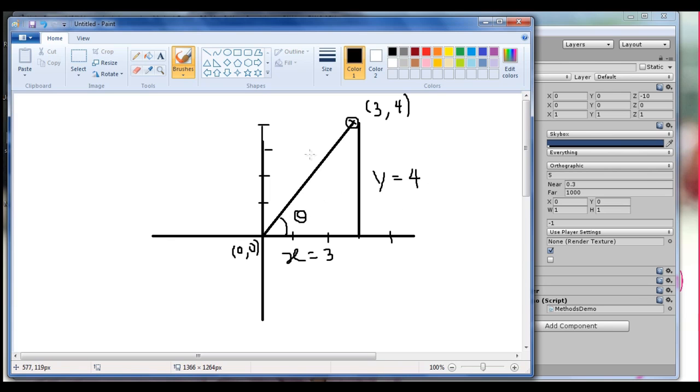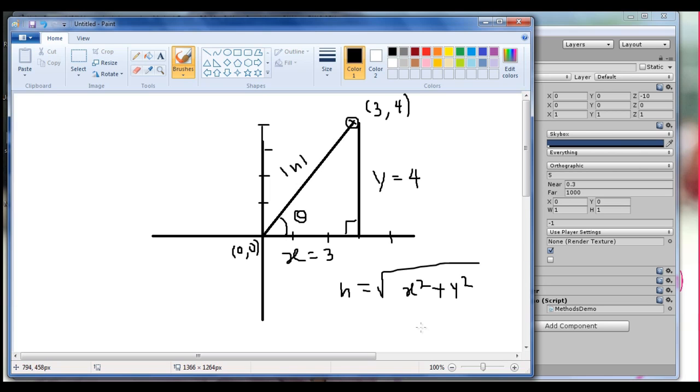This one we usually call h, the hypotenuse, and this length we usually represent as the absolute value of h. If you remember, we have the Pythagoras theorem. If you have a right angle triangle, then h is equal to the square root of x square plus y square. This is the formula to get h, the actual distance from the origin to this object.